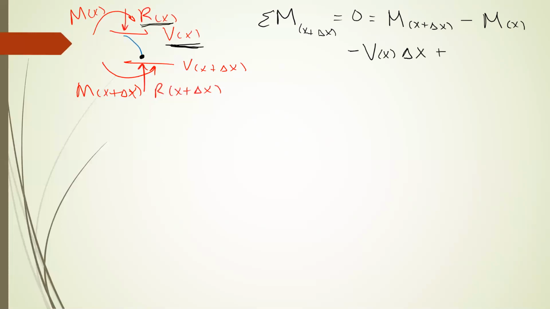Then if I calculate the moment by R of x, I get a positive moment, and that's R of x times delta y. Now let's divide by delta x and take the limit as that approaches 0 and see what we get.